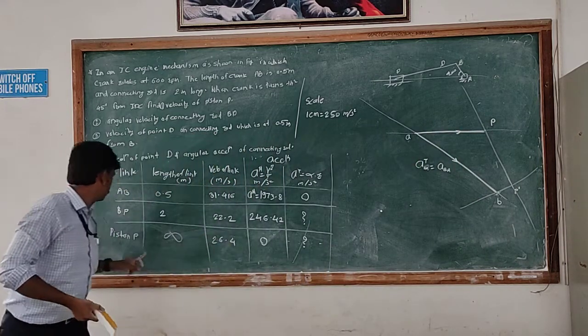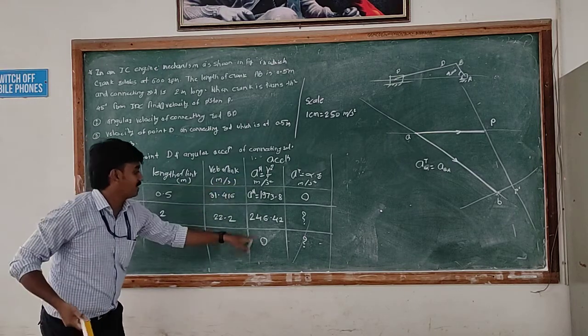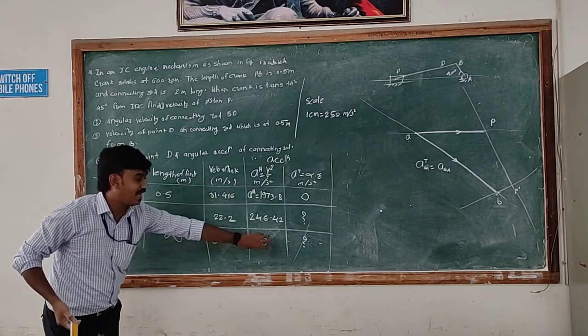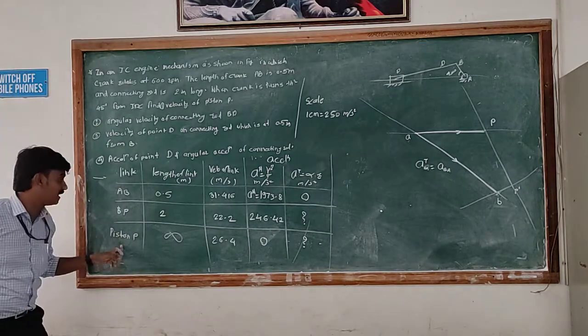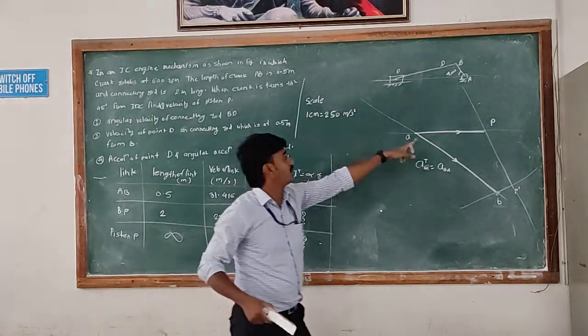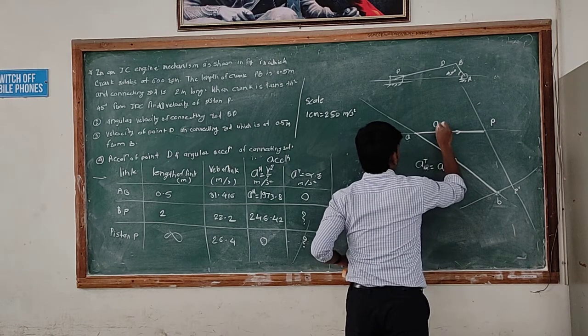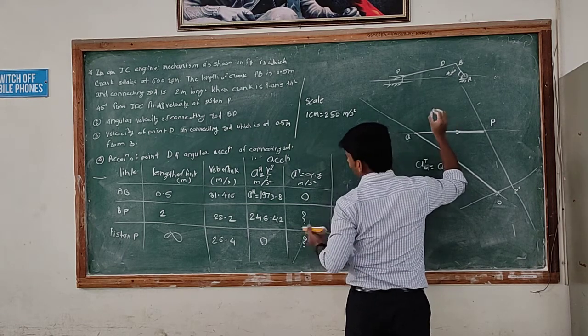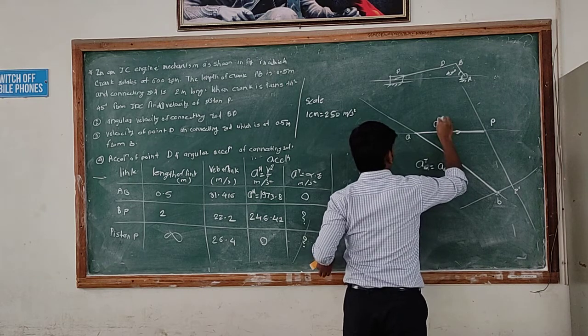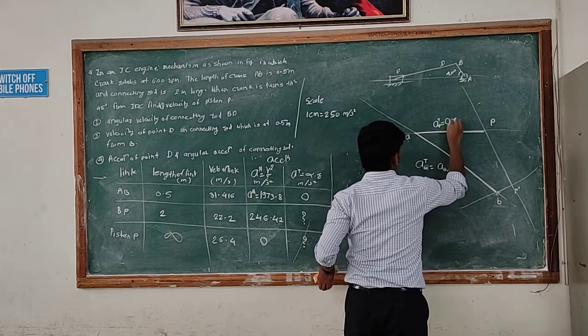If we see here, the normal acceleration of the piston is 0, so this vector will show the acceleration of the piston, that is the tangential acceleration, or it is equal to the acceleration of the piston.